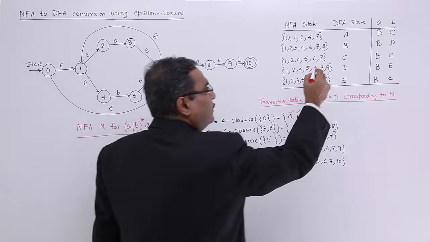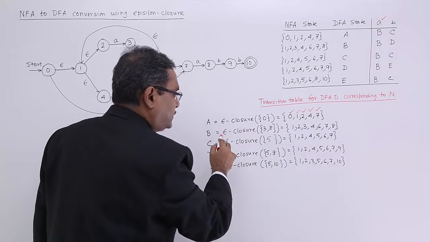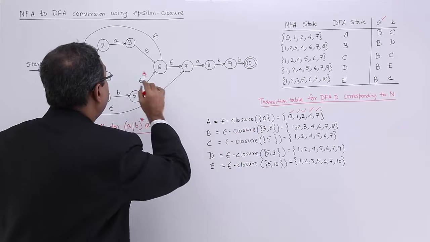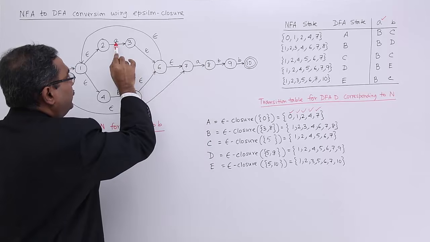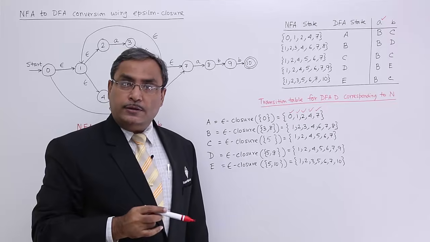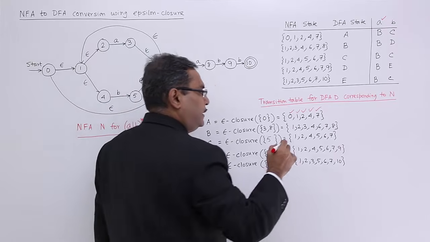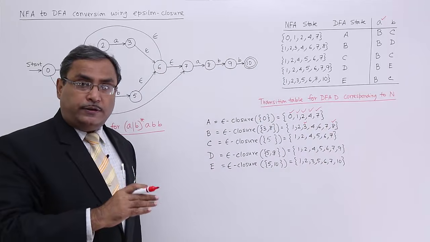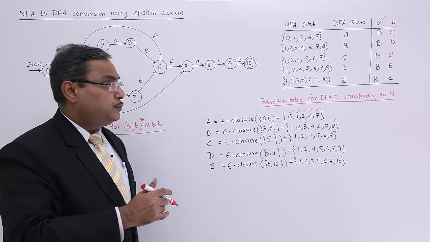So, from A, if I provide the input a, I have to calculate the epsilon closure of 3 and 8, because from 2 to 3 and from 7 to 8 I can go with the input symbol a. Whenever you calculate epsilon closure of 3 and 8, 3 and 8 will automatically come in the set. Now, see where we can go with epsilon input.